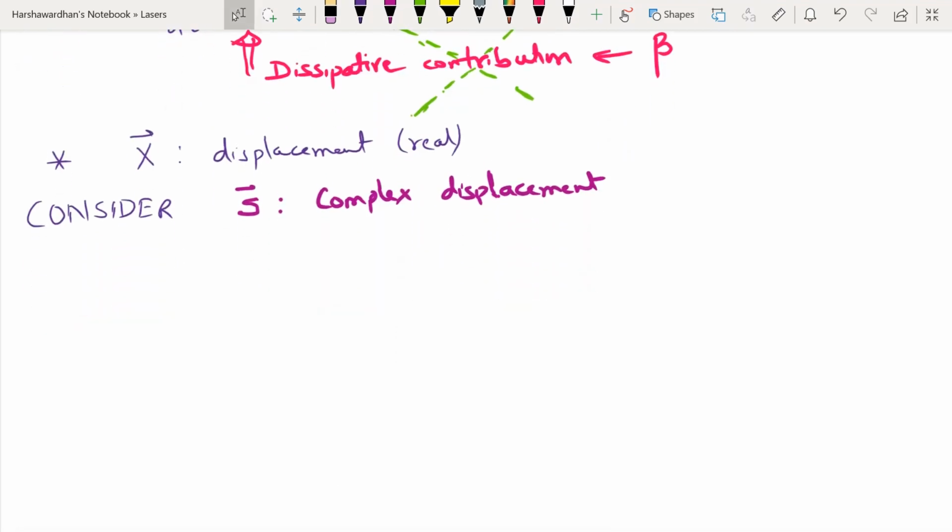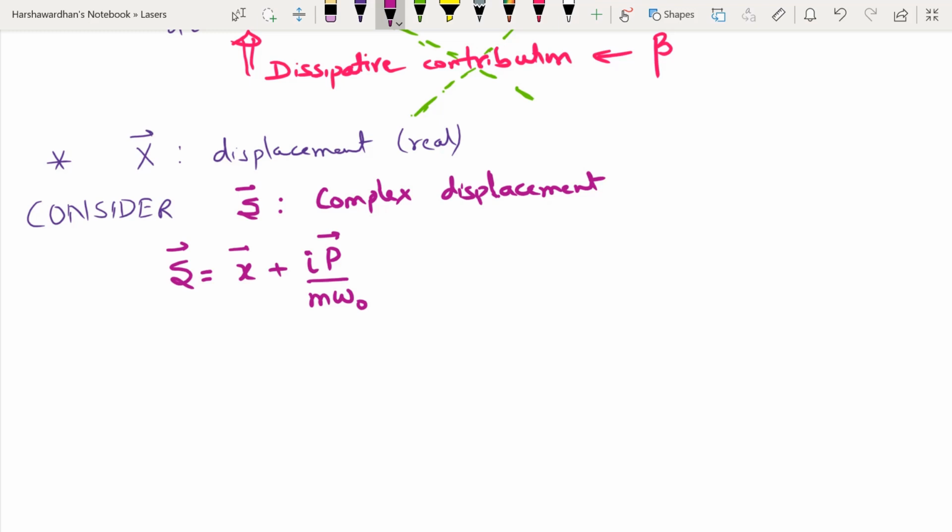I'm defining S as x, the original displacement, plus i times p, which is the corresponding momentum associated with that displacement, divided by m omega naught. This is my definition. By the way, this is just a mathematical trick, but it gives us a very nice and interesting insight into the line shape function, right? So this is my new displacement that I need to worry about.